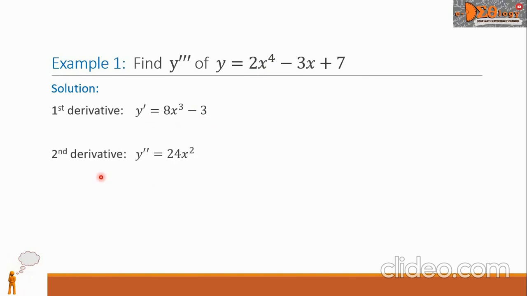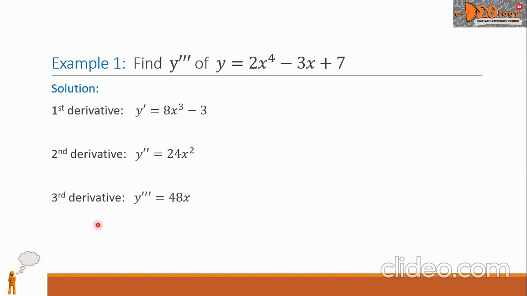Next, for the second derivative, that is y double prime, equals 3 multiplied by 8 becomes 24 times x raised to the power 3 minus 1. So we see here 2. So y double prime is equal to 24x squared. The derivative of the constant is 0, so we will not write anymore.